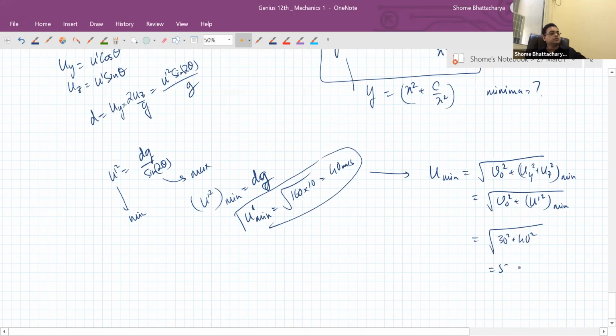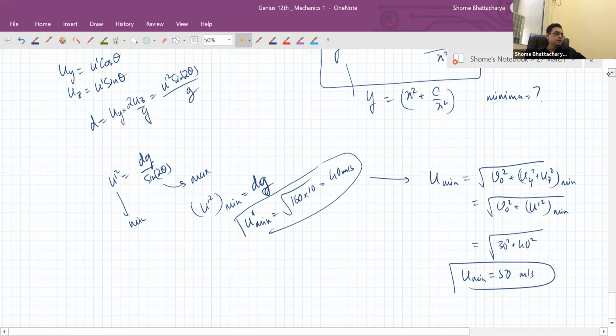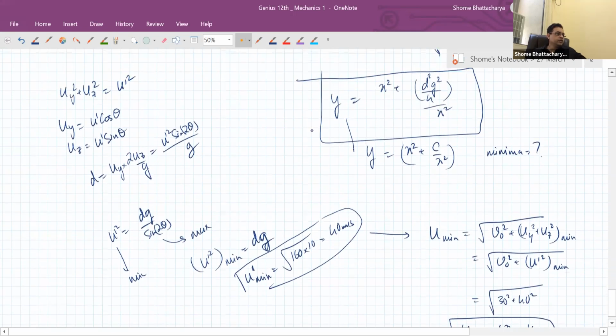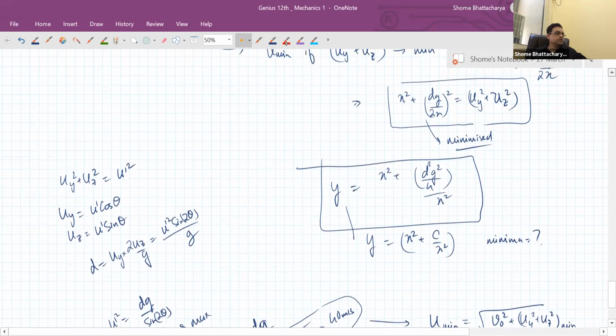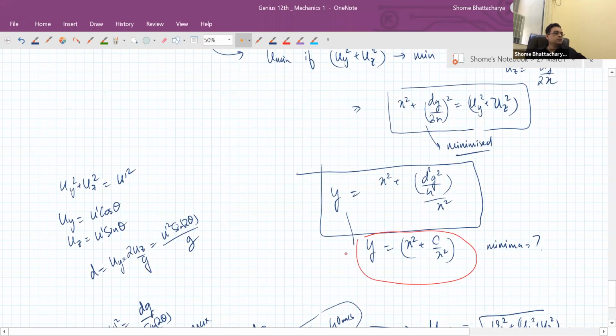So that is 50. So that's one way you can do this, or you can use the AM-GM method for this. You can use this method, that x to the power 4 plus c upon x square is a function of x.